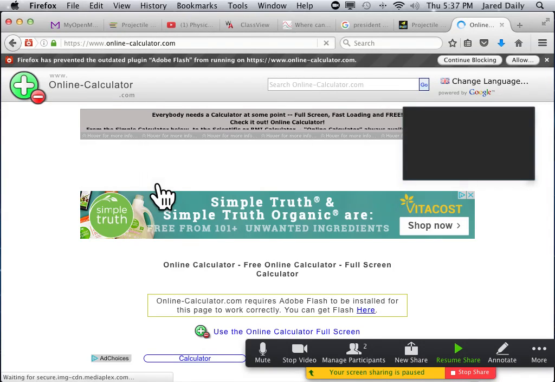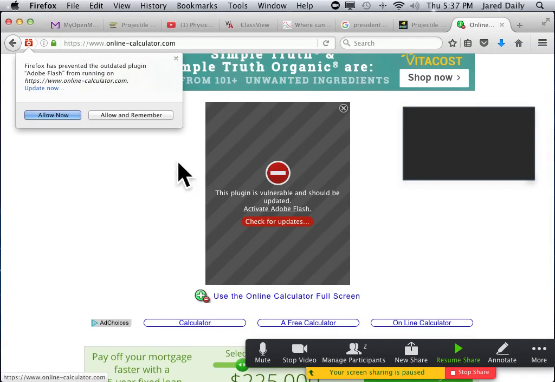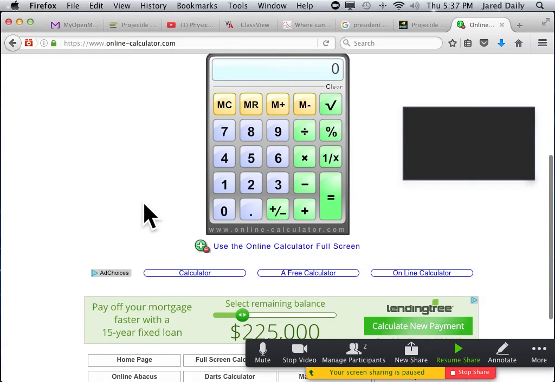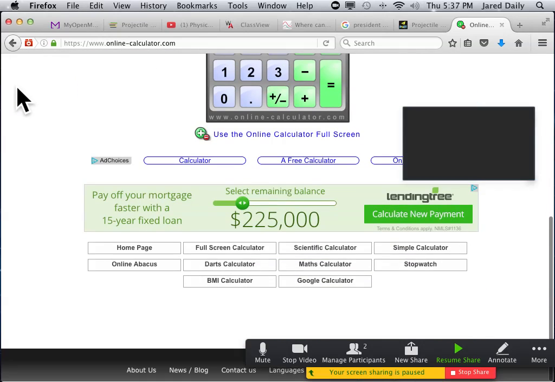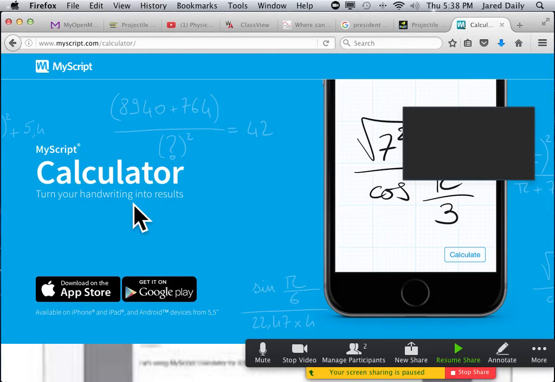So here is a great calculator right here. That's not the right one. Shoot. Oh, this is it. I love this calculator. I don't know if you can use it from here though.